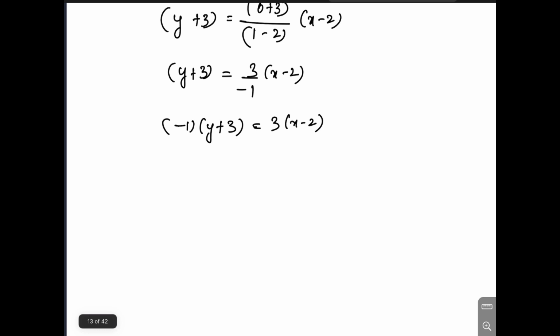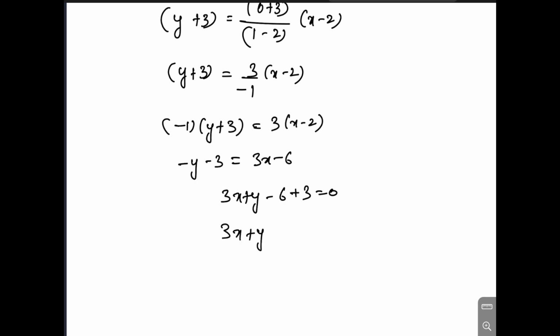After simplification we get minus y minus 3 equals 3x minus 6. So 3x plus y minus 6 plus 3 equals 0, so 3x plus y minus 3 equals 0. This is our final equation of the straight line.